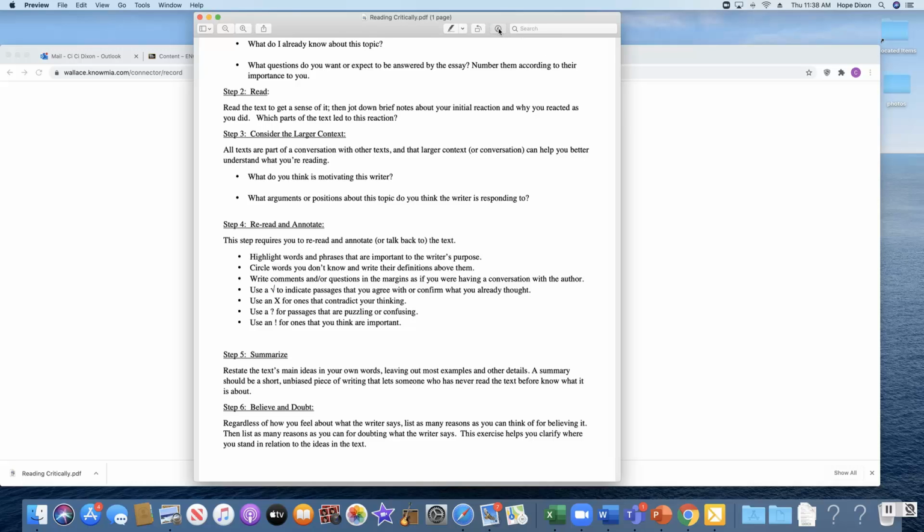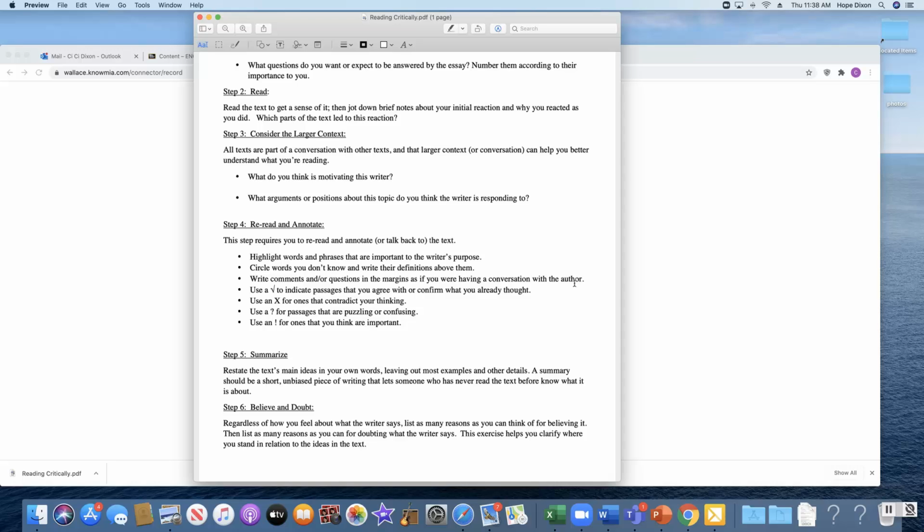So if it's a PDF, there's a little pen, all kinds of little annotation tools. Or you can always print it out if you choose. So, underline what you think is the main idea of the article. This is what I think this writer is saying.